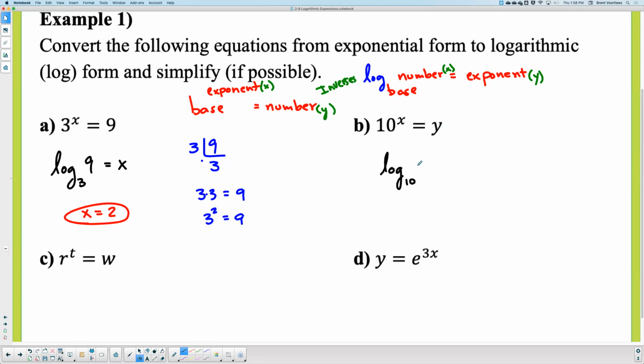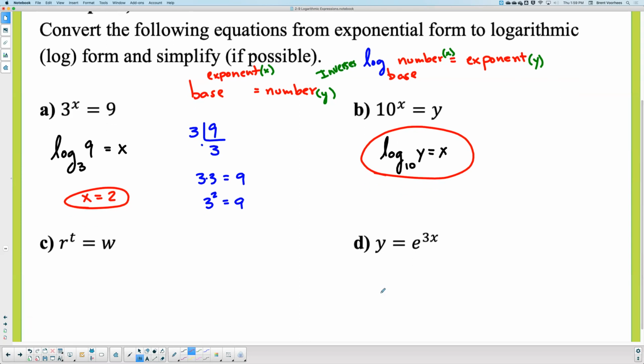Now it's raised to the y, and that would equal... Can I simplify that one? Actually, I cannot. Why can I not simplify? Because I have 2 variables, but only 1 equation. To simplify 2 variables, you'd have to have 2 equations. So that's just going to be your answer there.